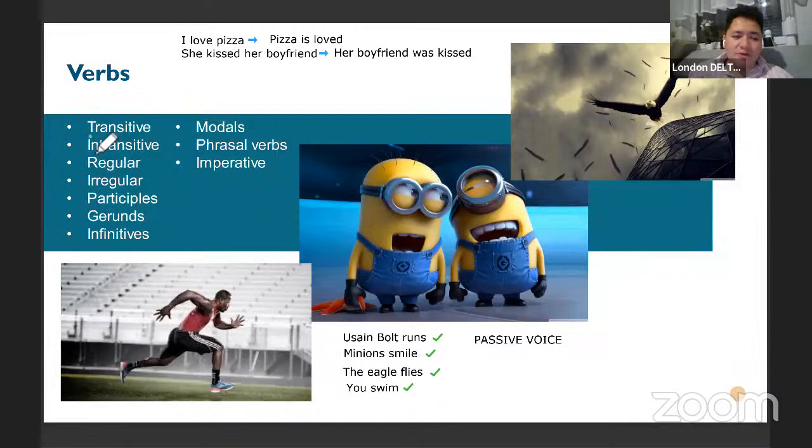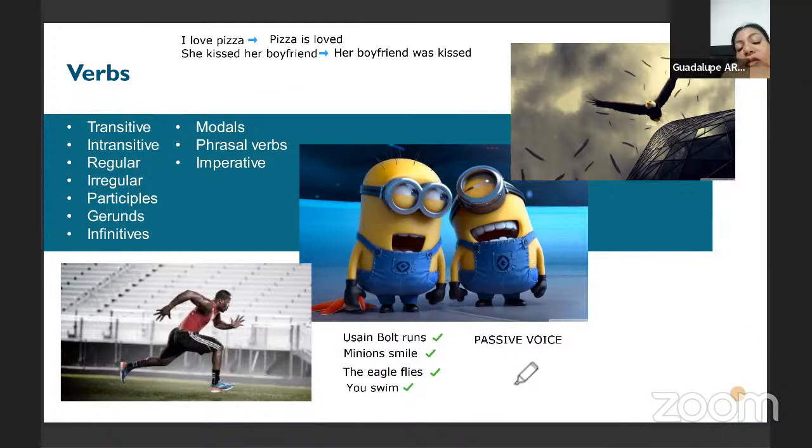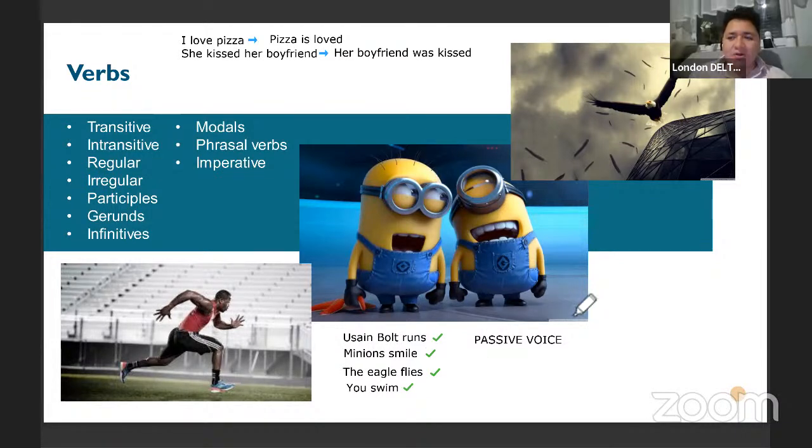Okay, well, we have transitive, intransitive, we already explained. Regular, can you give me examples of regular verbs, please? Maybe you can say it, and if you don't want to say it, you can also write on the chat. Tell me just some examples of regular verbs. Work, walk, talk, vote. Exactly, very well.